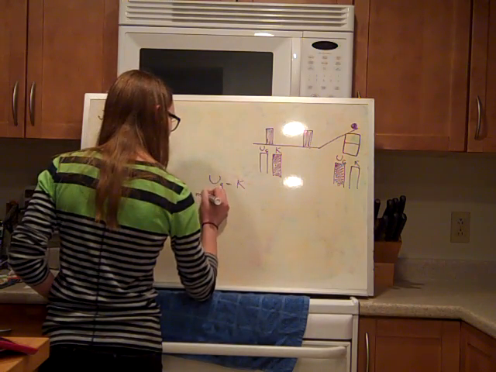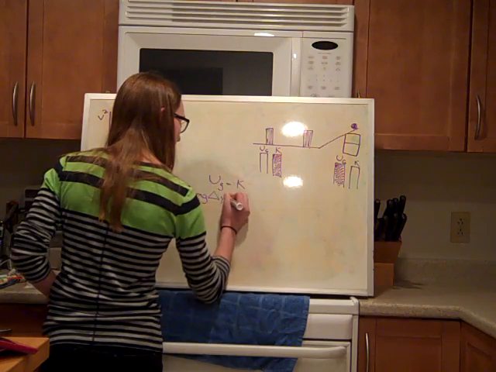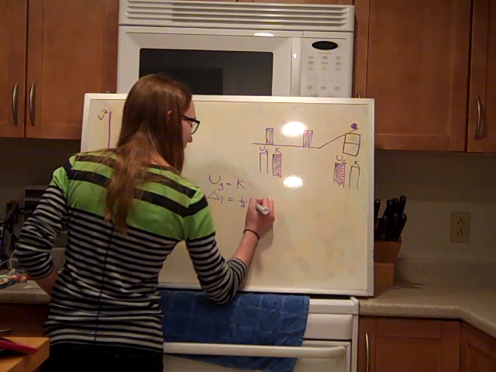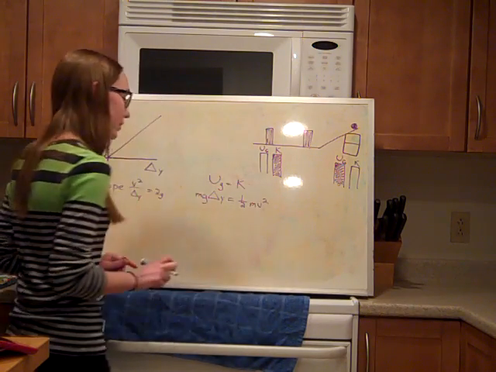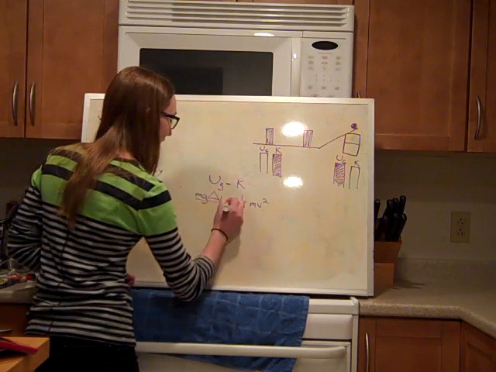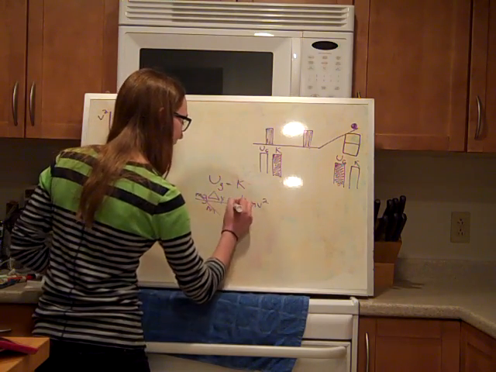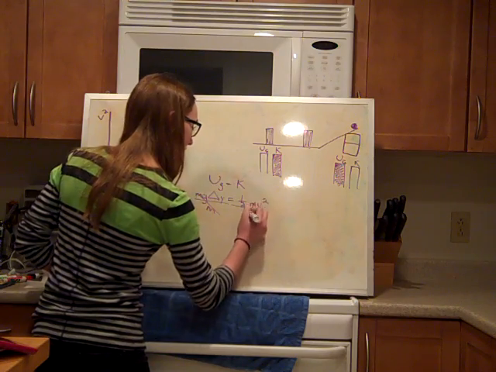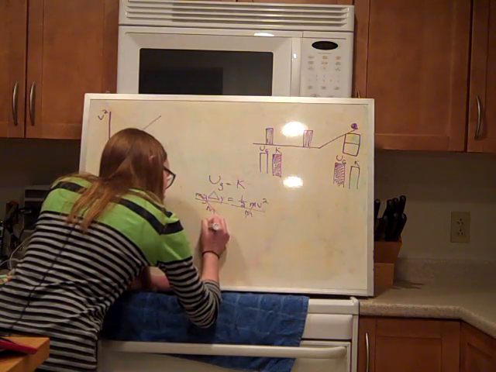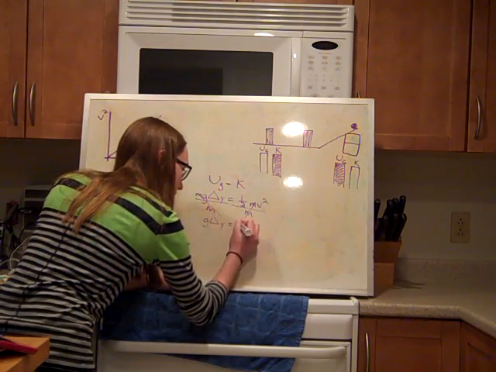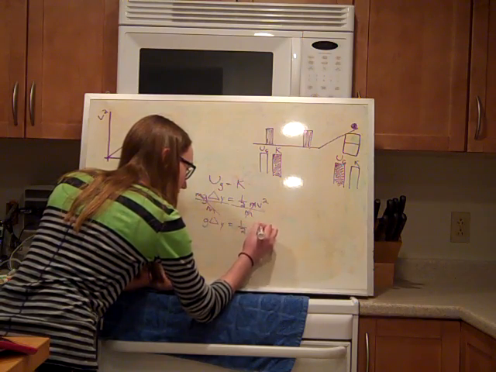So mg delta y is equivalent to 1/2 mv². Okay, well, we can divide by mass on both sides, and we end up with g delta y is equivalent to 1/2 v².